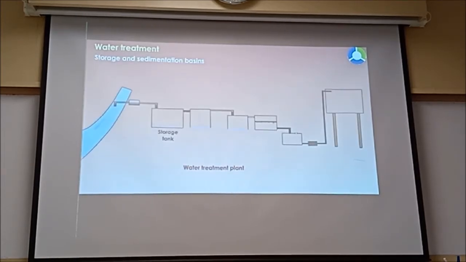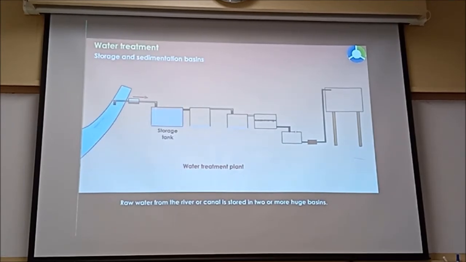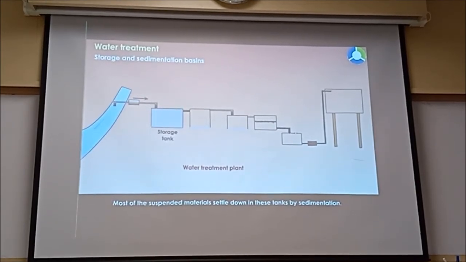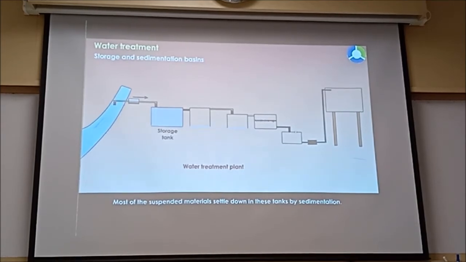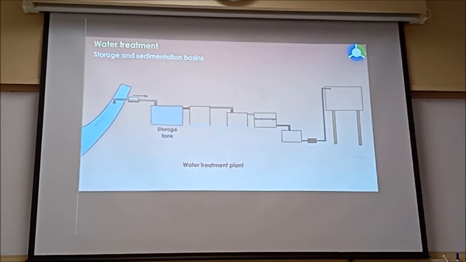Storage and sedimentation basins. Raw water from the river or canal is stored in two or more huge basins. Most of the suspended materials settle down in these tanks by sedimentation. Rapid mix unit.